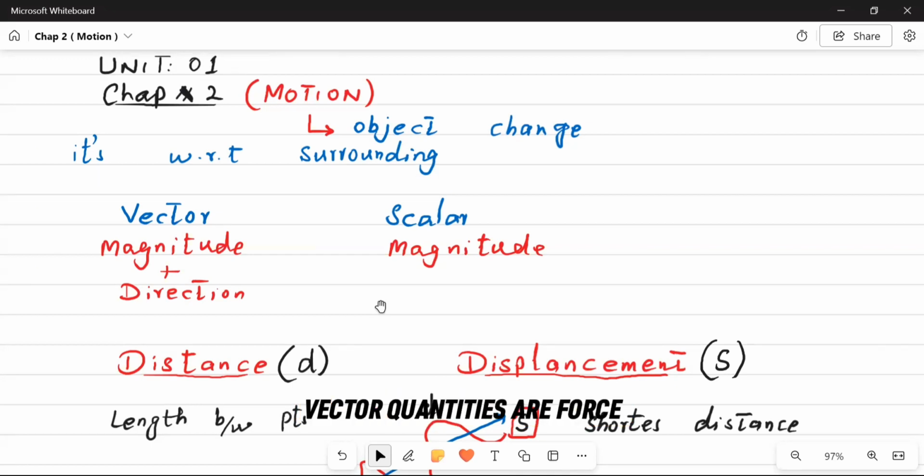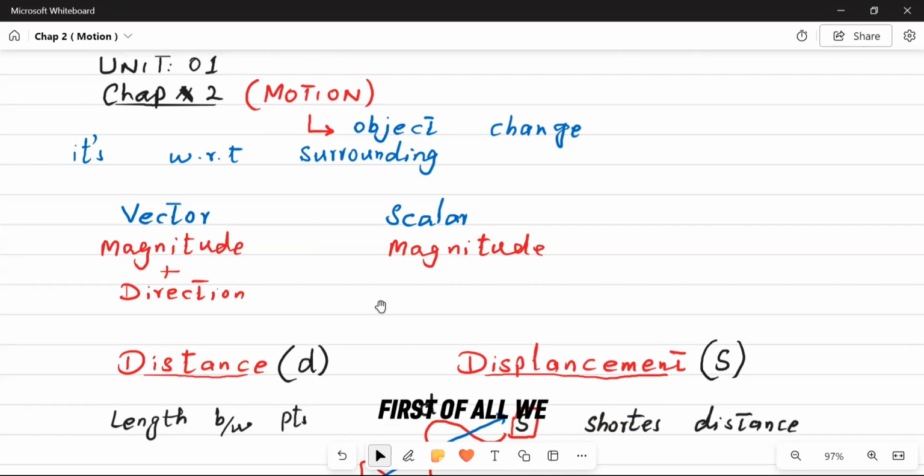Vector quantities are force, momentum, acceleration, displacement, and many more. Scalar quantities are all the base quantities, for example, length, time, mass, work done, energy. They don't need any direction for their explanation.